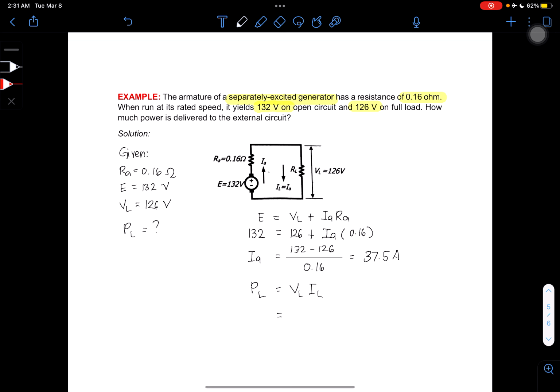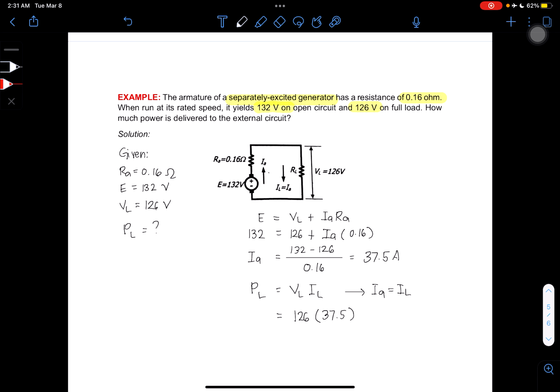So our VL is 126 and our IA is equal to IL, which is 37.5 amperes.